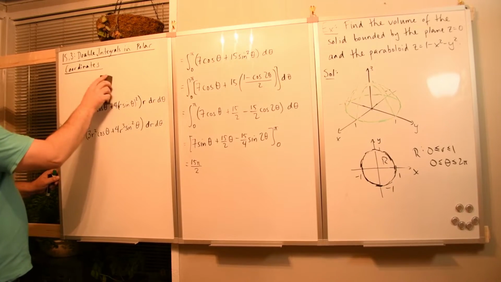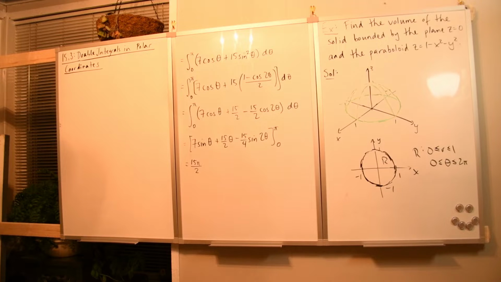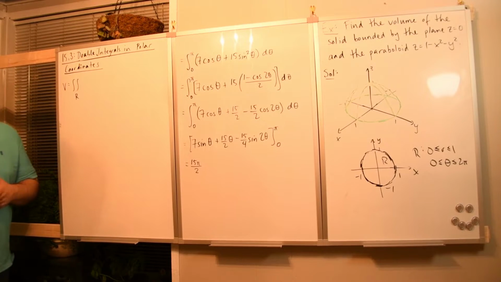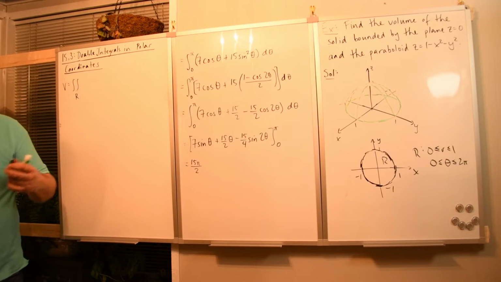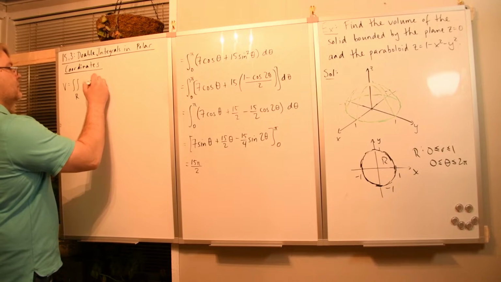Well, remember, our volume is going to be the double integral over this region of, well, we typically would say z equals 1 minus x squared minus y squared.